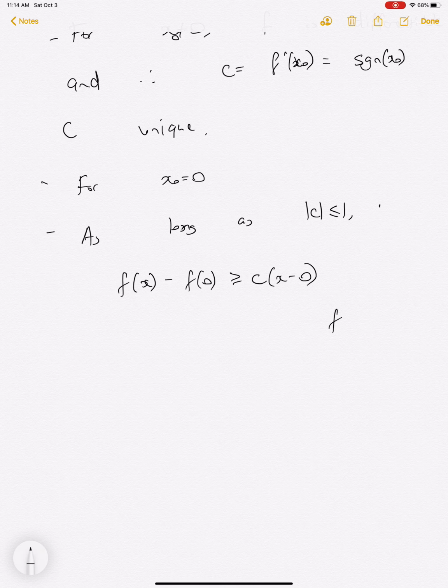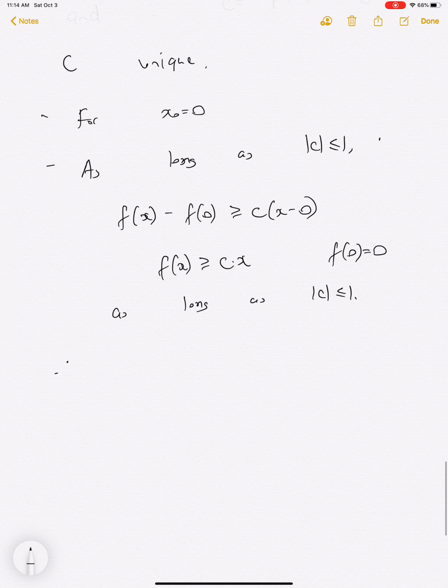Here clearly f of 0 is 0. So you can just say that f of x is bigger than or equal to Cx, as long as the absolute value of C is less than or equal to 1.